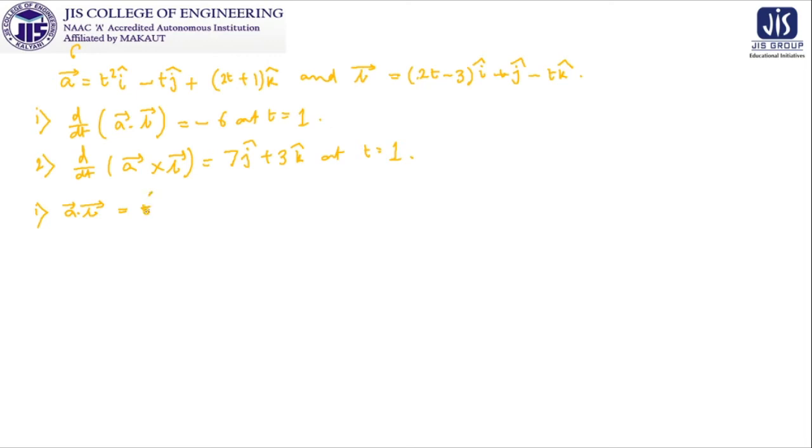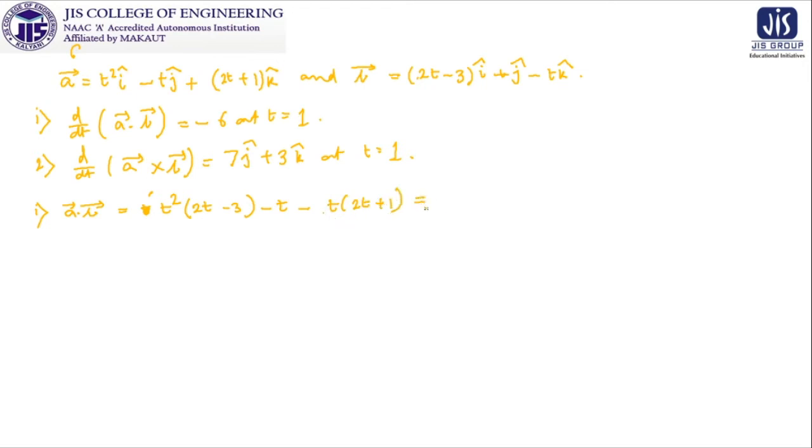is t square times (i dot i is 1), so t square, times (2t minus 3), minus t times 1, so it will be minus t, j dot j is 1, but i dot j does not give any result, minus t into (2t plus 1).